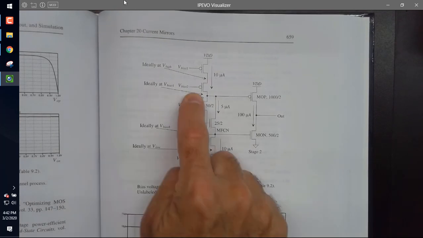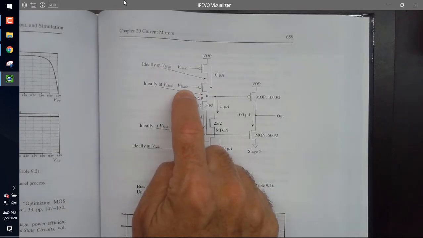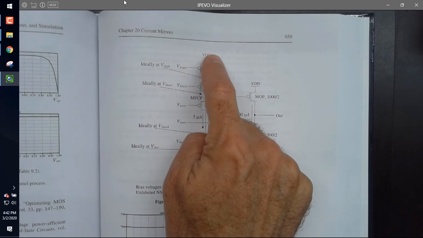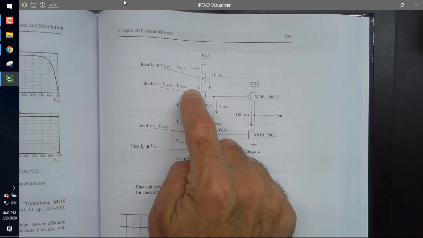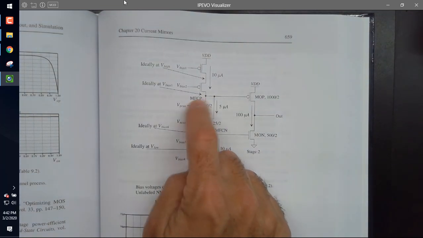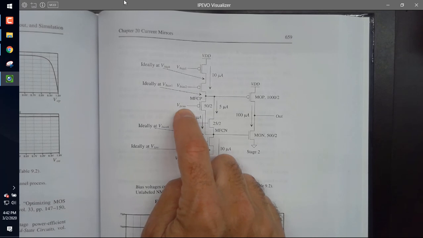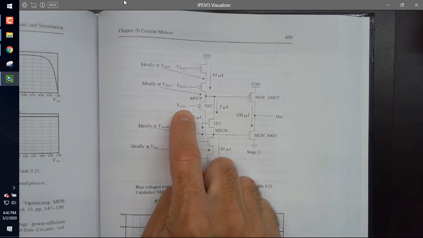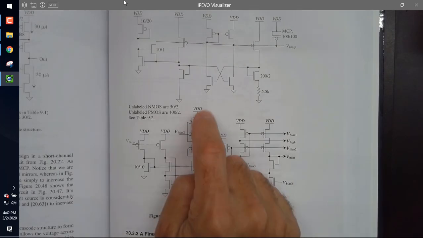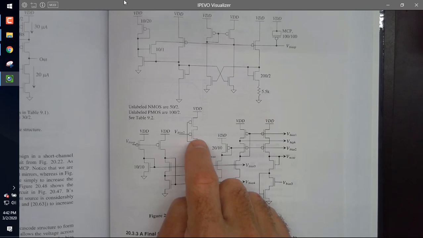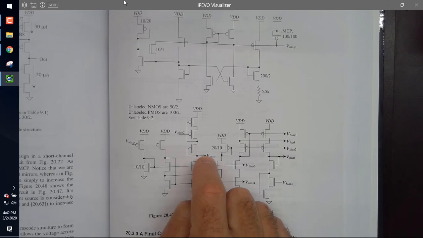What about V bias 2? VDD minus VSD sat minus VSG. Okay, now VP CAS. VP CAS was VDD minus VSG minus VSG, or VDD minus 2 VSG.